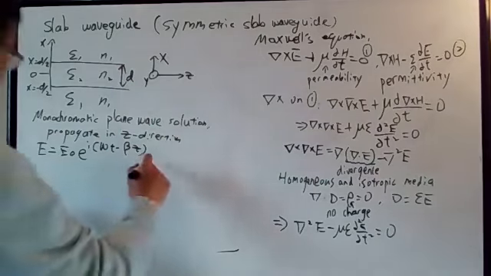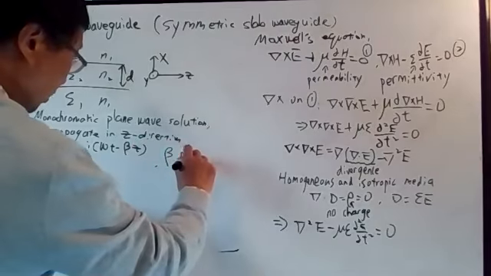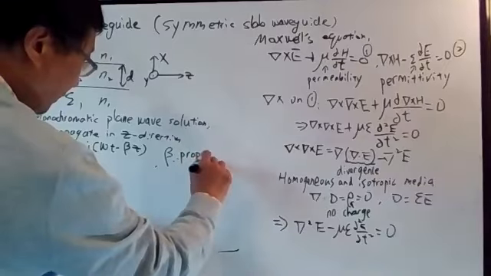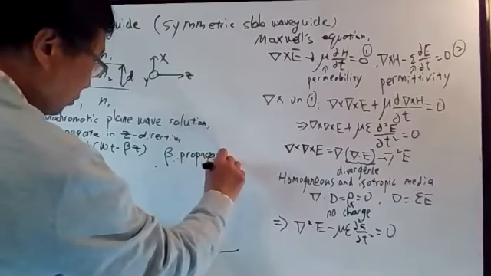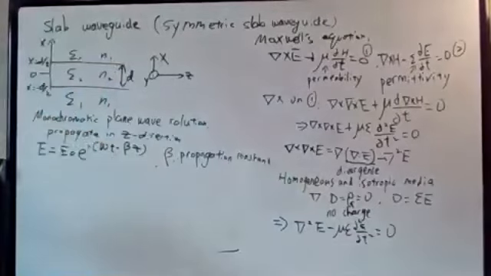So this beta is called the propagation constant. That's what we deal with a lot.